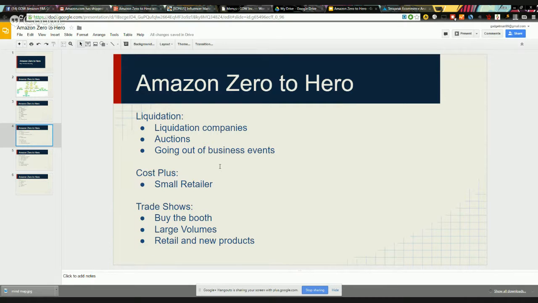Also, you'll find that your margins are fairly good, because if you buy directly from a manufacturer or retailer, you're going to get at least 50% off. I don't think I got anything that wasn't 50% off of what they were selling for online today. There were a couple things that were a little higher. I didn't buy those.